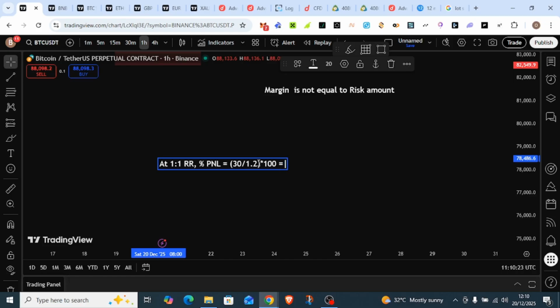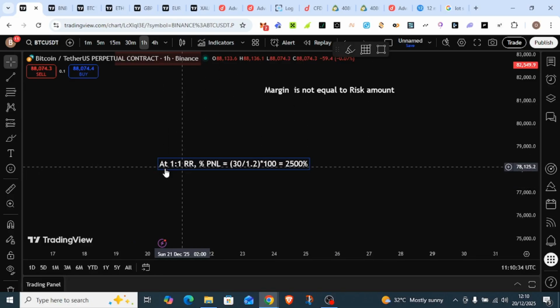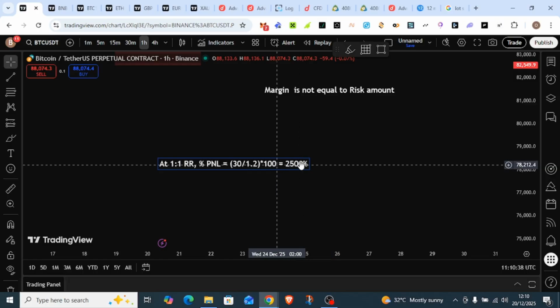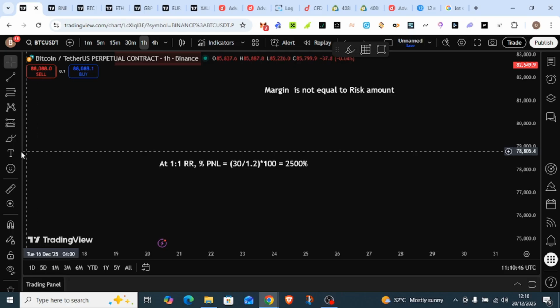This is equal to 2,500%. So you've seen it now that at just a profit of $30, the percentage PNL is already 2,500.